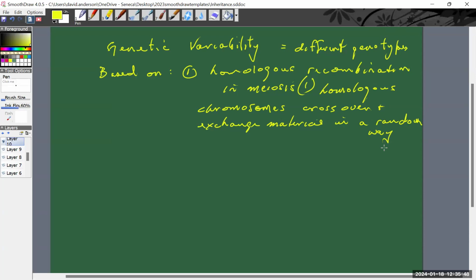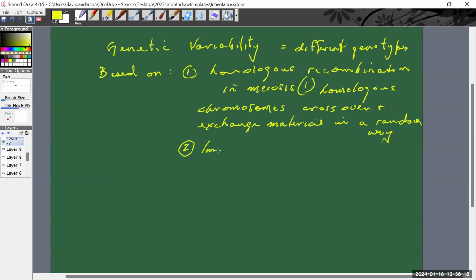So every time a gamete is introduced to meiosis, spermatogenesis, oogenesis, there's going to be this genetic variability introduced where the chromosomes cross over. So that means that some part of the chromosome from the male and the female parents of that individual are crossing over, and then some of that material is exchanged. It may change position within that chromosome. So that's going to create some variability.